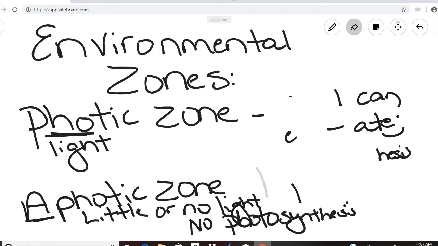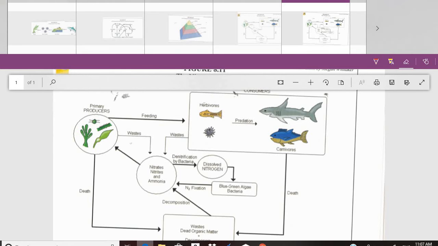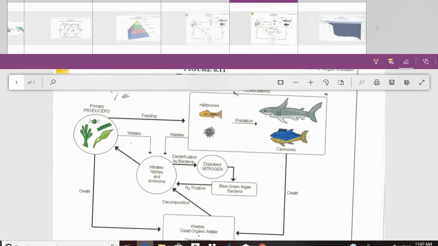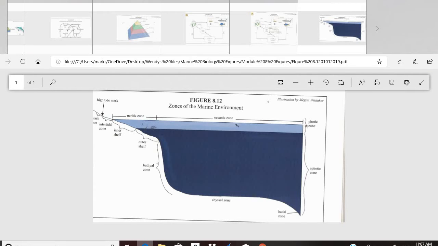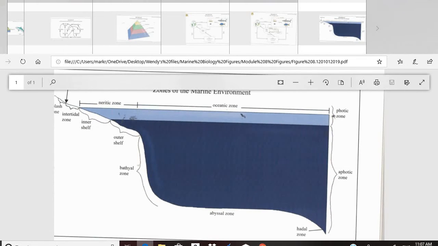As you might imagine, these would be areas with greater depth because the light cannot penetrate. So let's look at this figure. Now in terms of the photic zone and the aphotic zone, we're looking at depth.